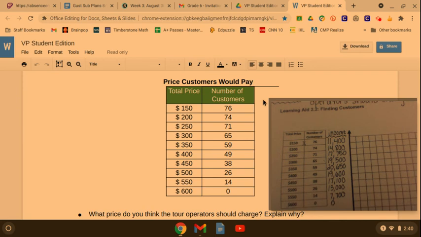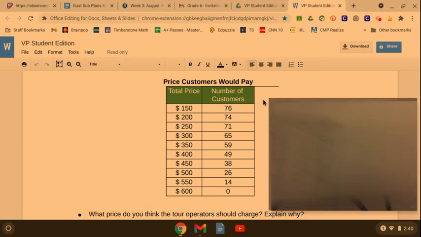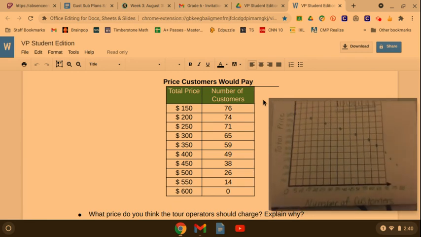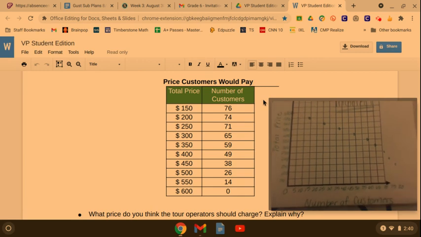If you made an oopsie and you put number of customers and total price on the wrong axes, your graph would still look similar to what we did, but it would maybe not decline as quickly as our graph did, maybe fall off the edge of the graph.